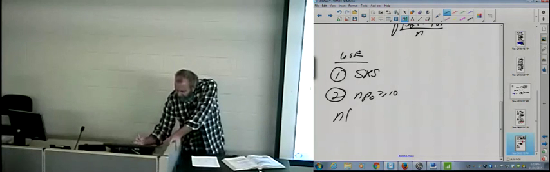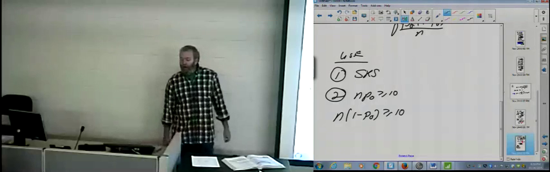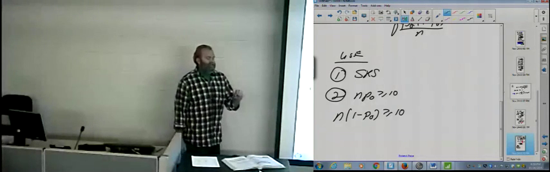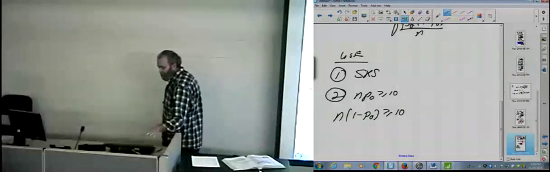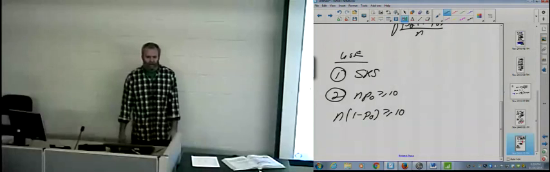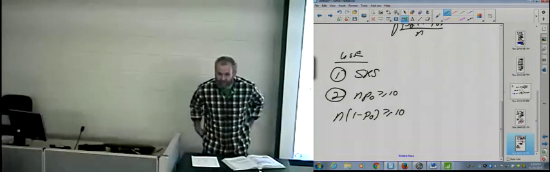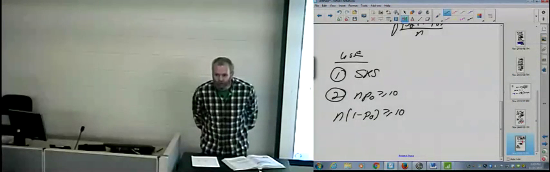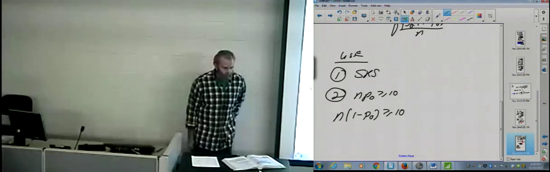And N times 1 minus p naught needs to be bigger than or equal to 10. Now look, when I gave you that for the confidence interval, that was the number of successes and the number of failures in the sample. Here, this is not the number of successes and failures in your sample. It is the expected number of successes and failures in your sample if the null hypothesis is true. Right? That's the p naught, the value in the null there.